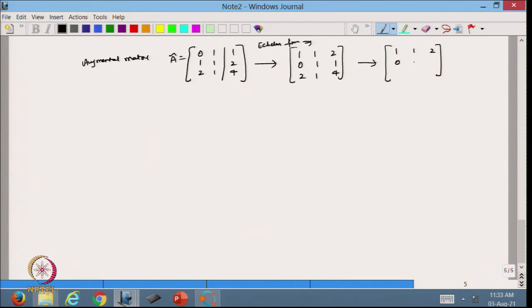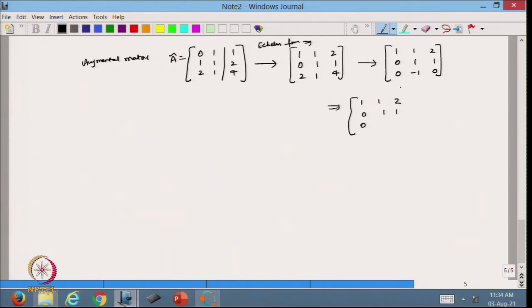Now, it is already 0. So, I write 1, 1. Now, I want to make this 0. So, minus 2 and adding here. So, minus 2 plus 1 is minus 1, and minus 2 is minus 4 plus 4, that is 0. Now I am writing 1, 1, 2, 0, 1, 1.